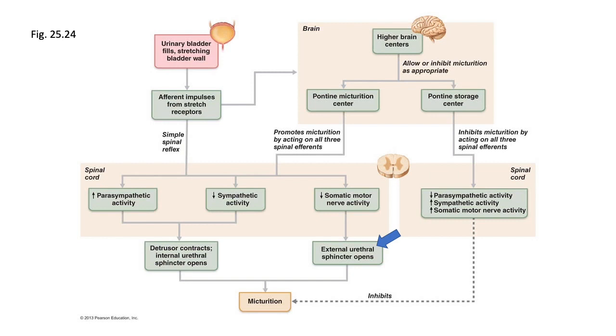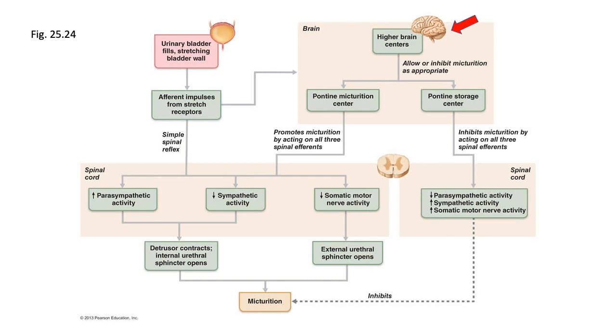In addition, it will decrease sympathetic and increase parasympathetic input into the detrusor and the internal urethral sphincter by way of autonomic fibers. When all three of these occur, the contraction of the detrusor muscle, the relaxation of the internal urethral sphincter, as well as the external urethral sphincter, micturition will occur.